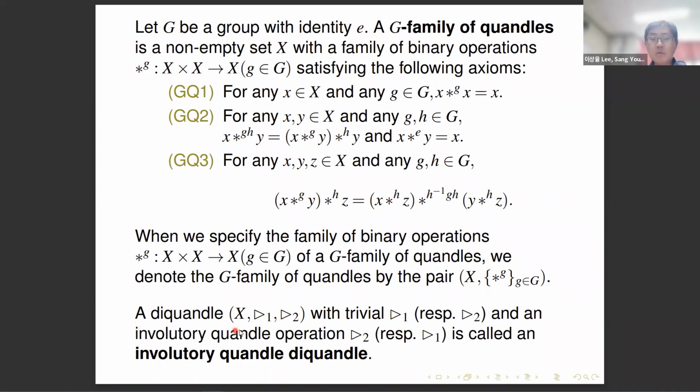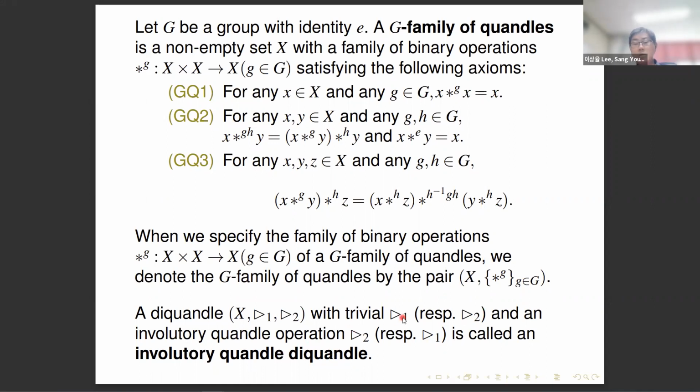A diquandle (X, δ1, δ2) with trivial operation δ1 and involutory quandle operation δ2, or trivial operation δ2 and involutory quandle operation δ1, is called an involutory quandle diquandle.